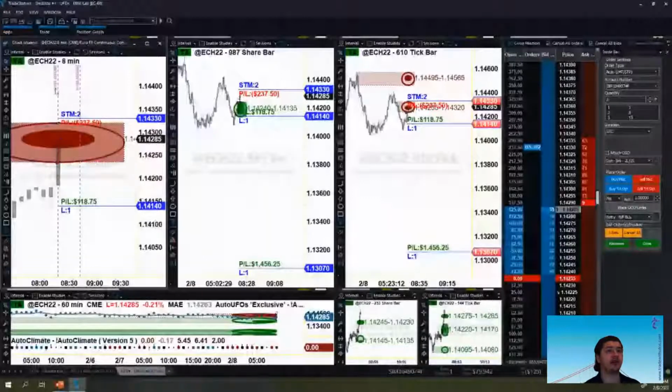The U.S. market's going to open in about 10 minutes, so about 14 minutes after the U.S. market opens, if this hasn't given us our T1 or stopped us out, we're going to get this closed out for either a small loss or a small win, right? Unless it goes to a full stop or a T1. So those are the options that we have. Those are the rules that we follow.